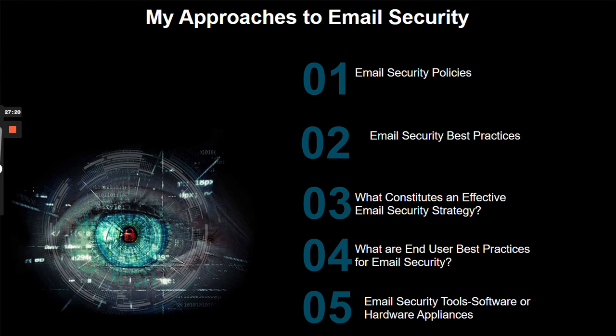So these email security policies can be as simple as removing all executable content from emails to more in-depth actions, like sending suspicious content to a sandboxing tool for delayed analysis. And you can do some further research on sandboxing.